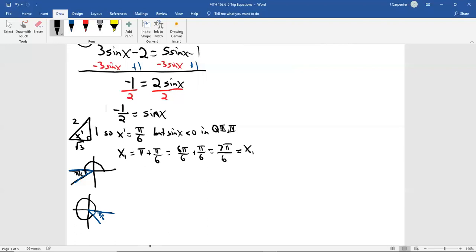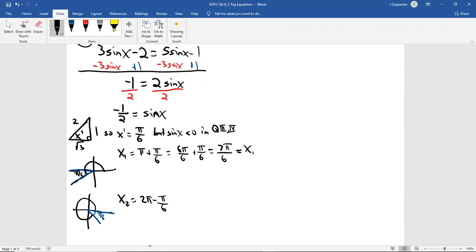Now, let's think of this in degrees, 30 degrees. You'd need to do 360 minus 30 to get an angle that's in quadrant 4. So we're not doing degrees there, we're doing radians. 360 is 2 pi. So that says x2 is 2 pi minus pi over 6.